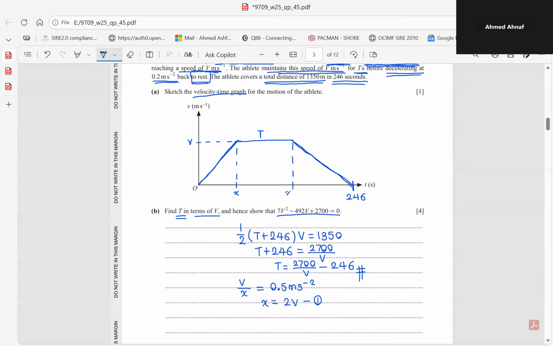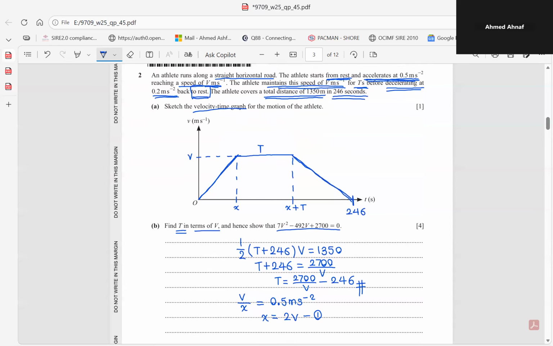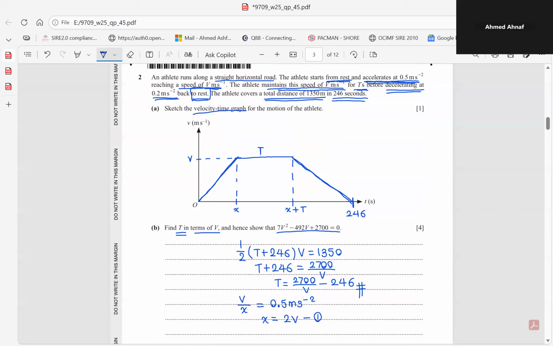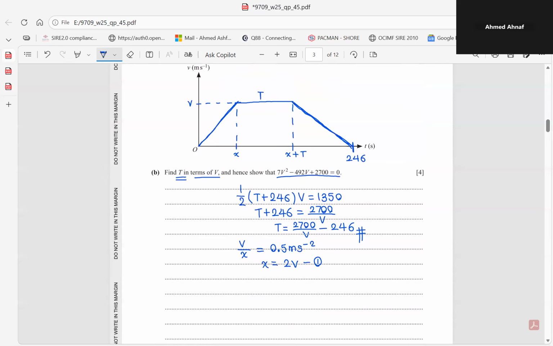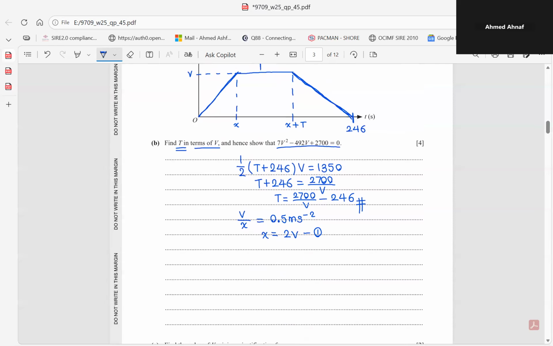And then this one is obviously just going to be x plus t. Now we can substitute 0.2 into the gradient of this section here. Again, we'll use y2 minus y1.